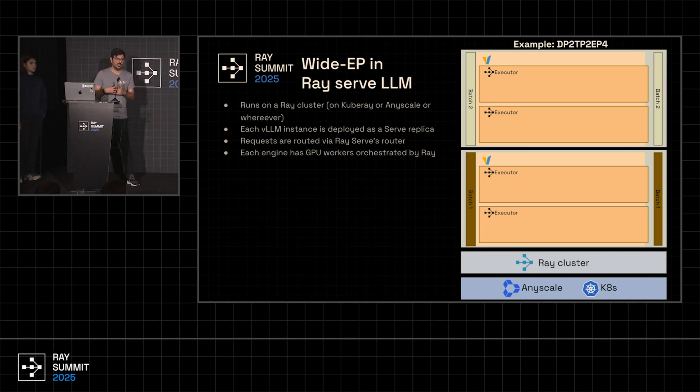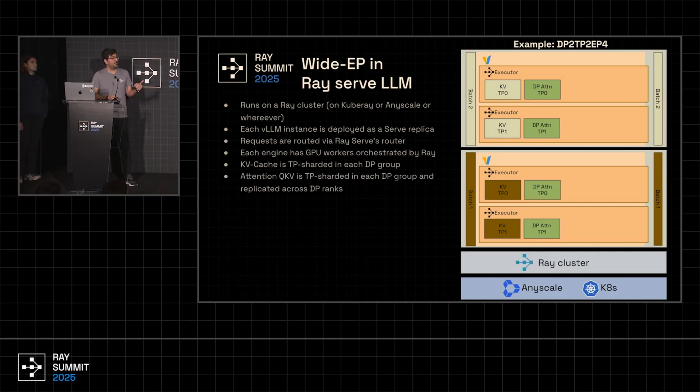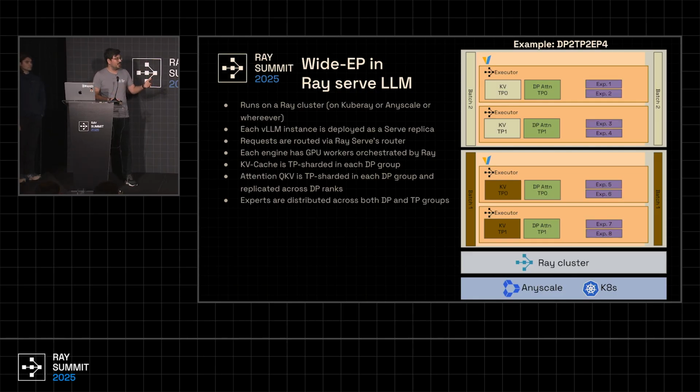Within each engine, we have TP2, which means I have to coordinate 2 GPU workers, and we orchestrate them through Ray. Within each executor, you have KV cache units, which are TP sharded across DP groups. Then you've got attention QKV matrices that are TP sharded in each DP group and replicated across DP groups.